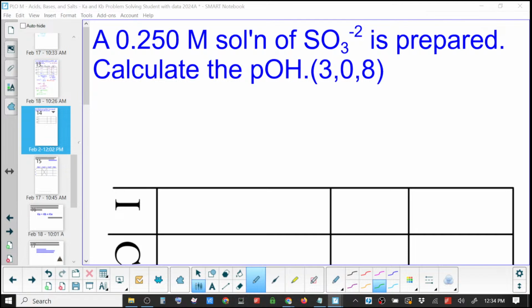What are those 3 numbers, Mr. Newbold? Those 3 numbers are the answer, but in a random order. So it says calculate the pOH. So it could be 3.08, it could be 8.30, it could be 0.83, it could be 3.80. That way you know, oh, I got the right answer. So if you get to that point and you got 4.76, you were off.